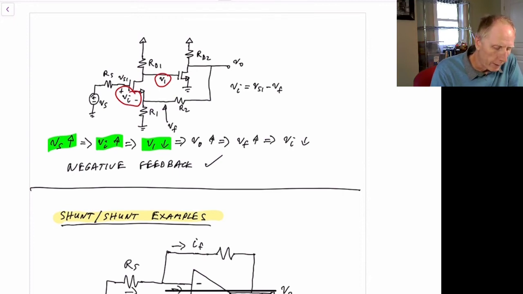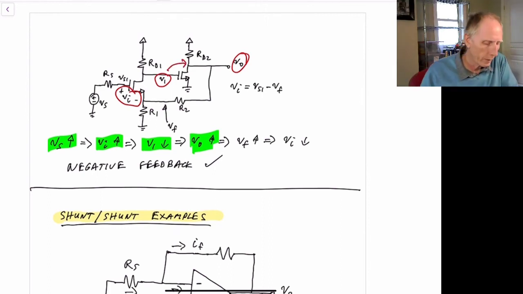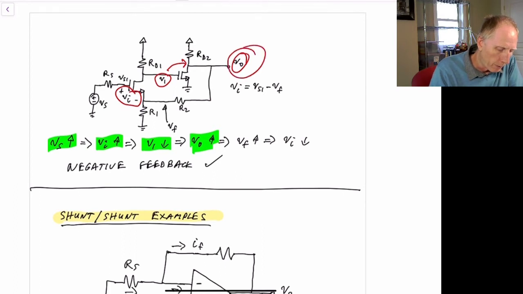Then if V sub 1 goes down, that will result in V sub out going up, because there's an inversion over here. So now we have V sub out, V sub naught, going up. If V sub naught goes up, because this is now non-inverting to V sub f, V sub f will also go up.